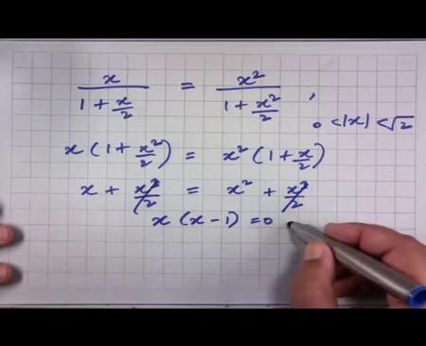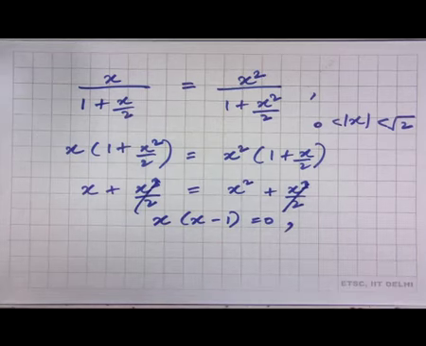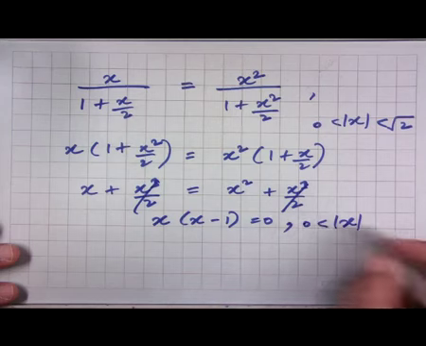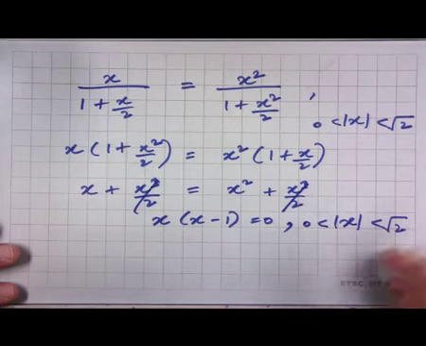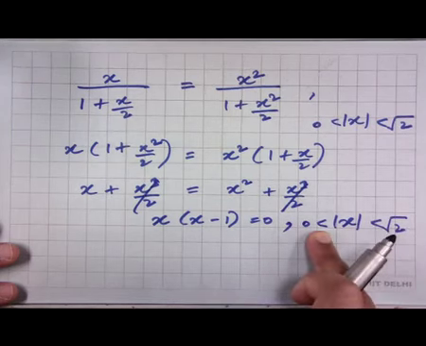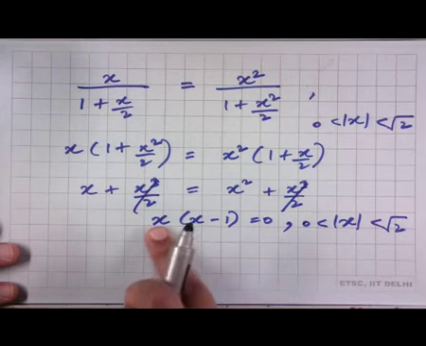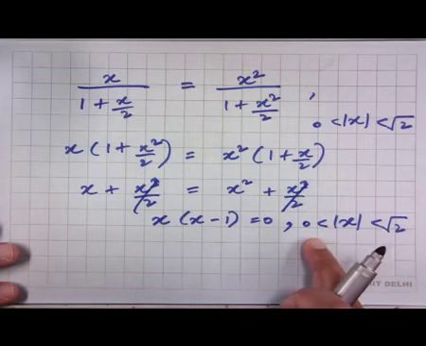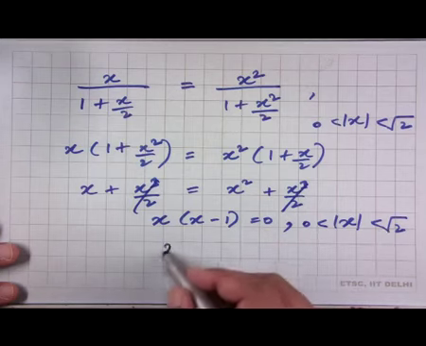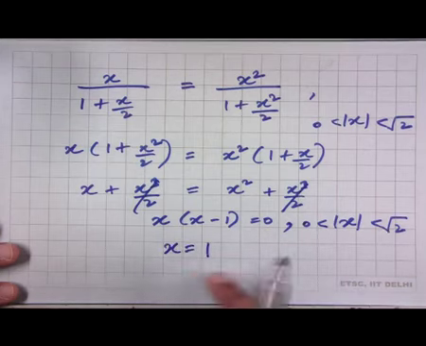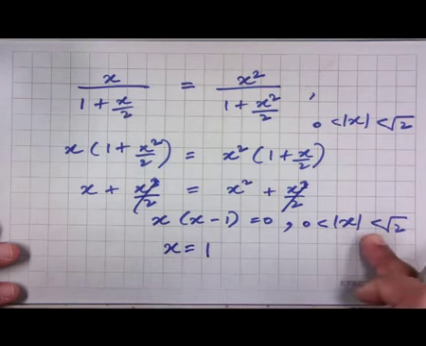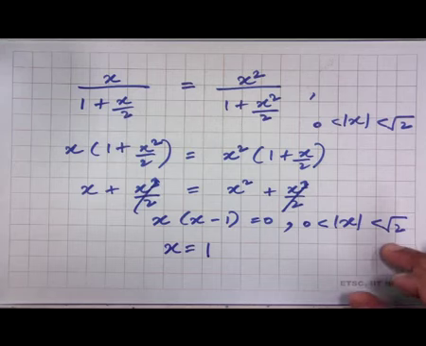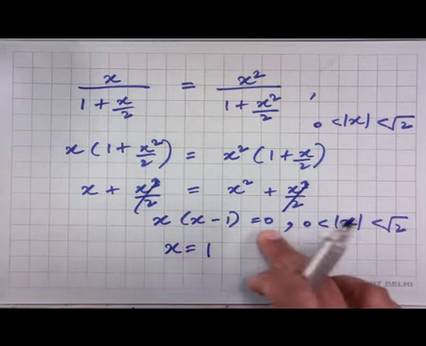But if we go back to the question, it was also stated that mod of x must be greater than 0 and strictly less than square root of 2. Since it must be strictly greater than 0, x equal to 0 is obviously not a feasible solution, and therefore, the only feasible solution is x equal to 1, because the modulus of x equal to 1 is less than root 2, and also x equal to 1 satisfies this equation.